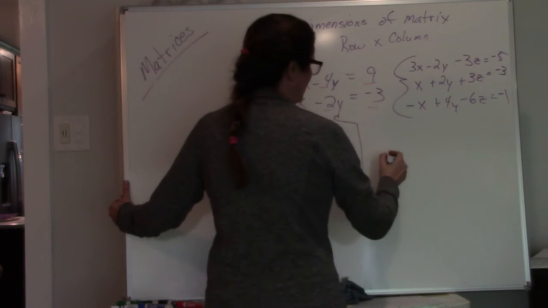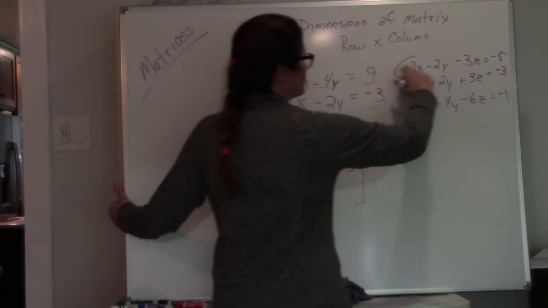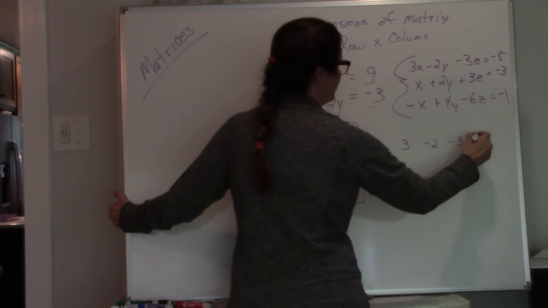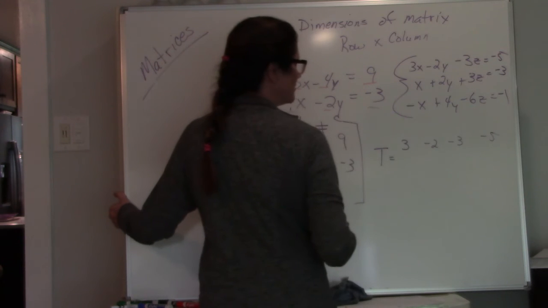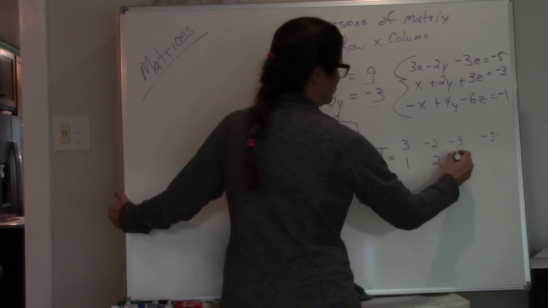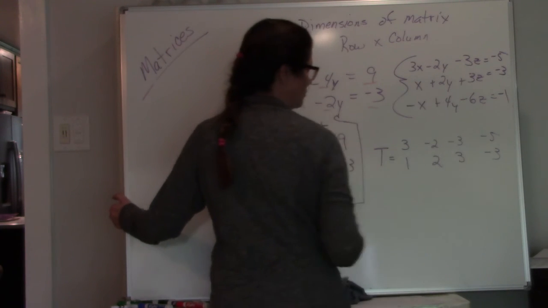In order to make a matrix for this, I'm going to call this matrix T. First row is 3, negative 2, negative 3, and negative 5. So x, y, z, and then the constant. Second row is 1, 2, 3, negative 3. And again, I'm getting this from the coefficients.